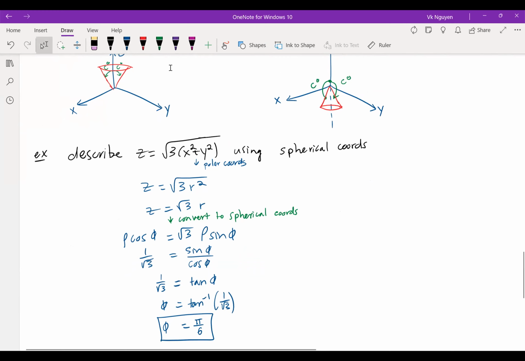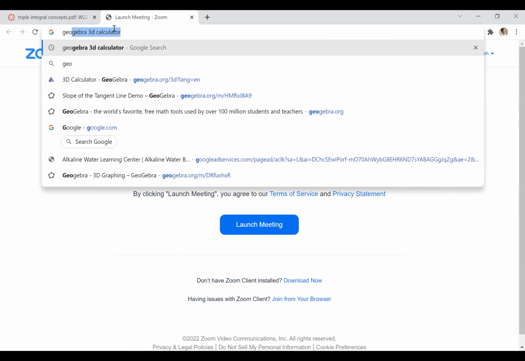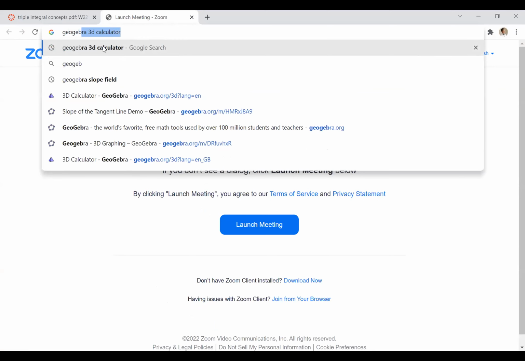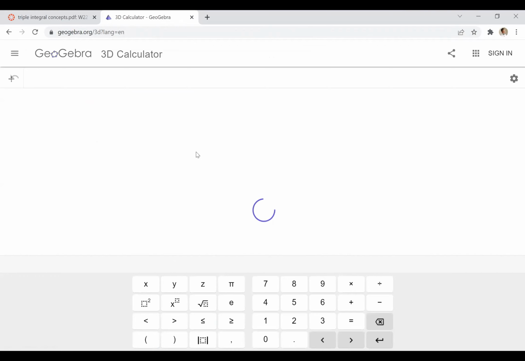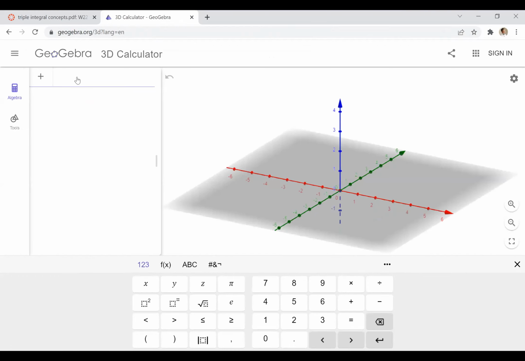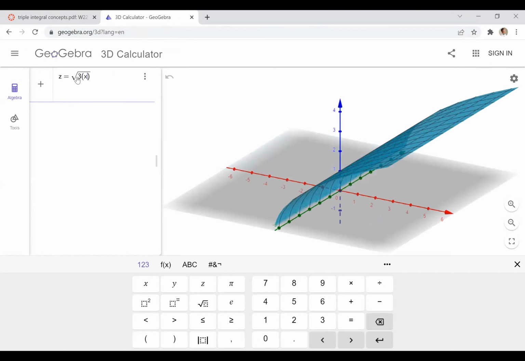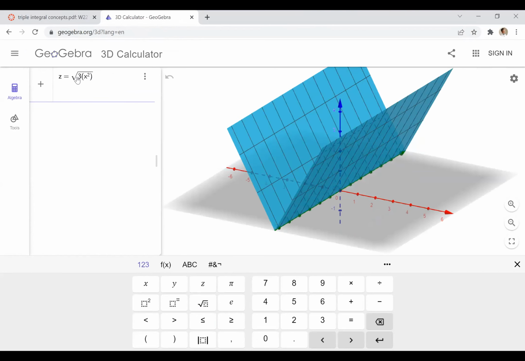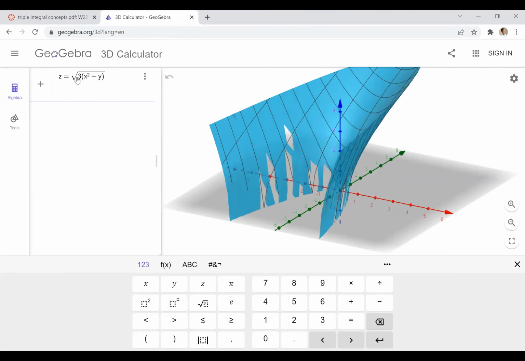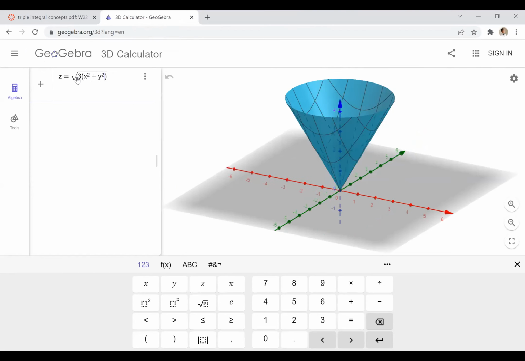I'm just going to sketch it real quick using GeoGebra here. Root of 3, yeah, beautiful.